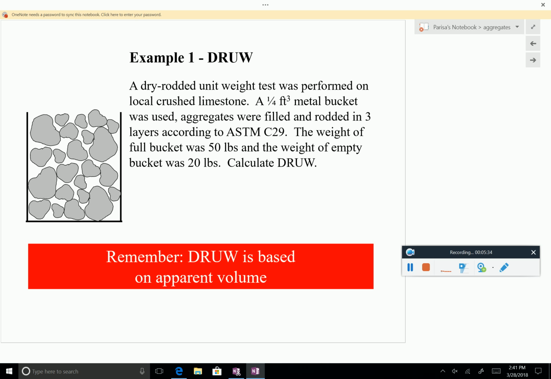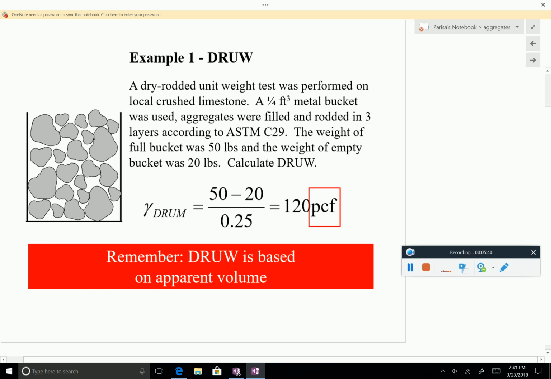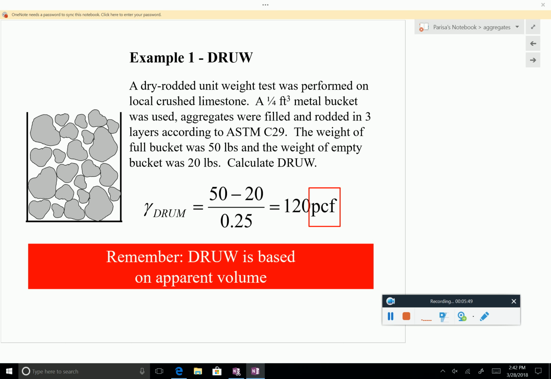You shouldn't forget that this is apparent volume. That's the unit. But is this the real density of the material?